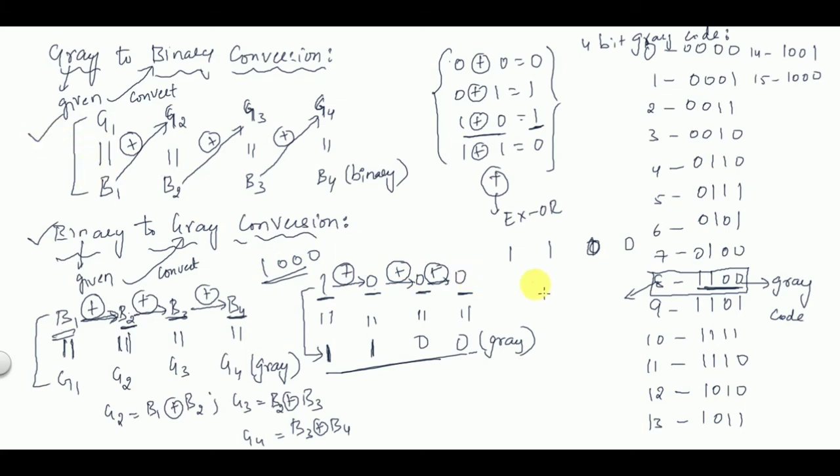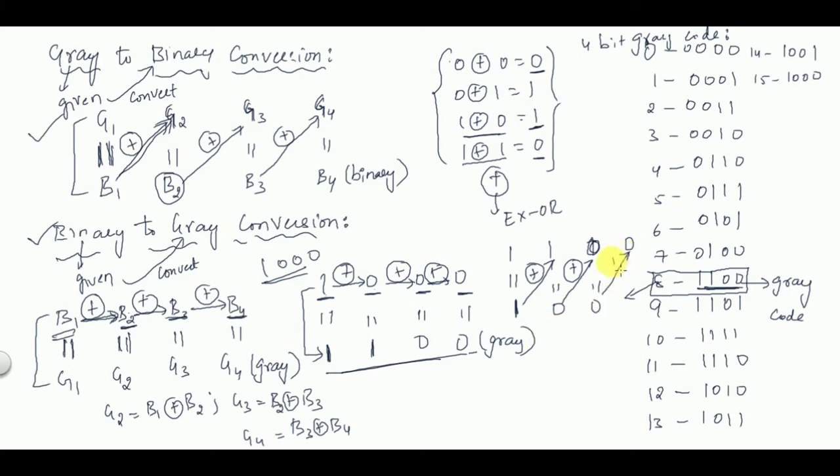Using this concept, G1 is equal to B1, so 1 as it is. Next, how do we get B2? B2 is B1 XOR G2, so you XOR these two: 1 XOR 1 is 0, so you get 0 here. Next, 0 XOR 0 is 0 again.